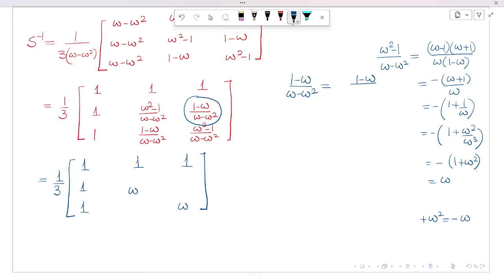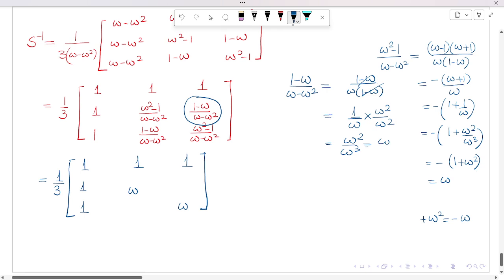Easy. So take omega to be common. So this is 1 minus omega. So this term cancels out, and this is just 1 by omega. Multiplied by omega square and divided by omega square, we get omega square by omega cube, and omega cube is 1, so this is omega square.